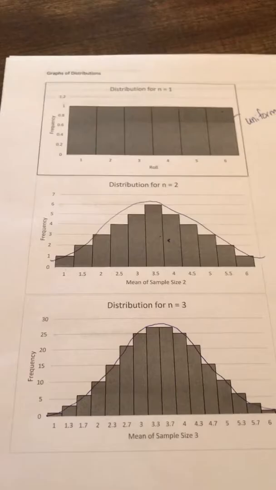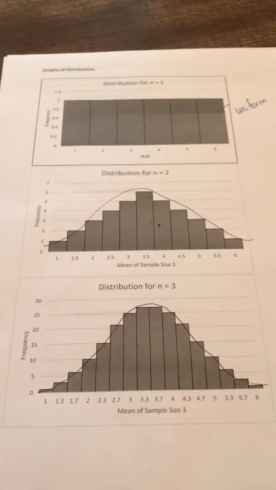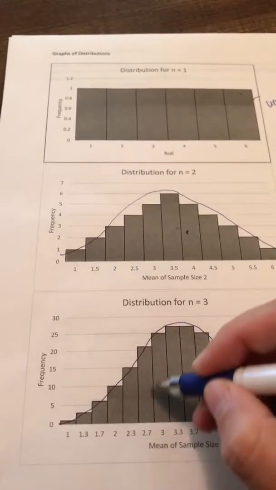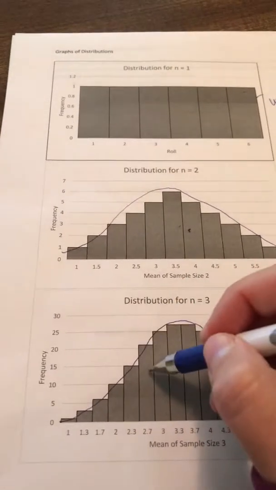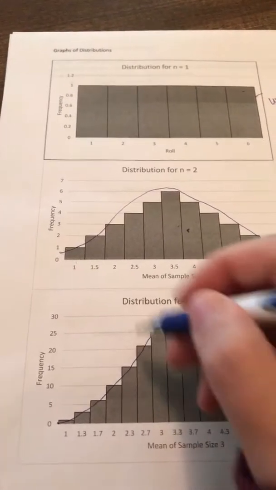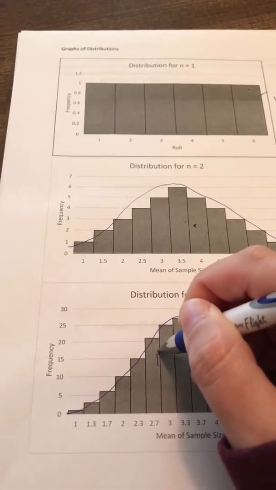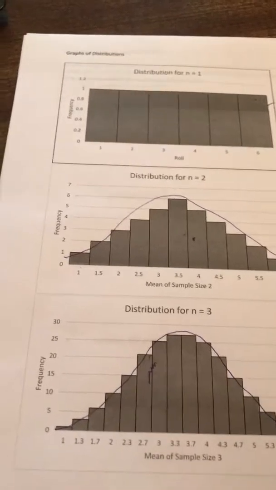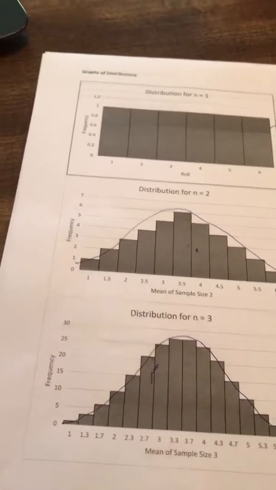And then like I was saying, the higher you go with n, the more normal it's going to get, the smoother, because the bars are going to be smaller. You'll end up with bars that are super close together, and you can hardly distinguish that they're even bars. So the higher you go, the more normal it'll get.